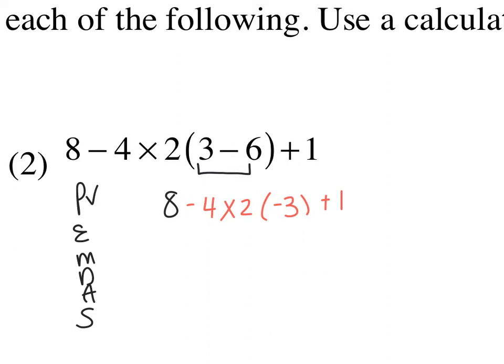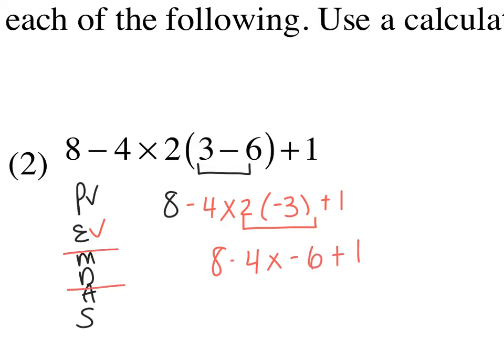I still have parentheses. I have a 2 next to it. So whenever I have a 2 or a number next to my parentheses, I'm going to multiply. So I'm going to multiply my 2 and my negative 3. What is 2 times negative 3? You got it. It's negative 6. So I have 8 minus 4 times negative 6 plus 1.